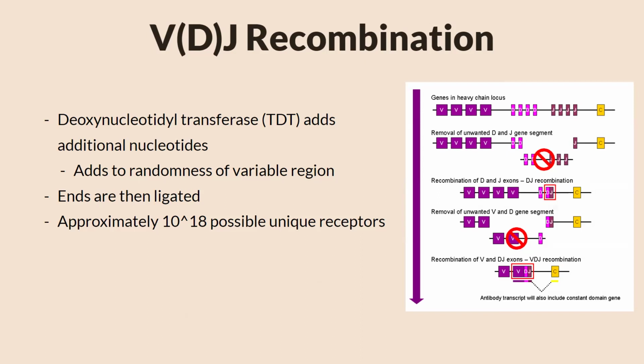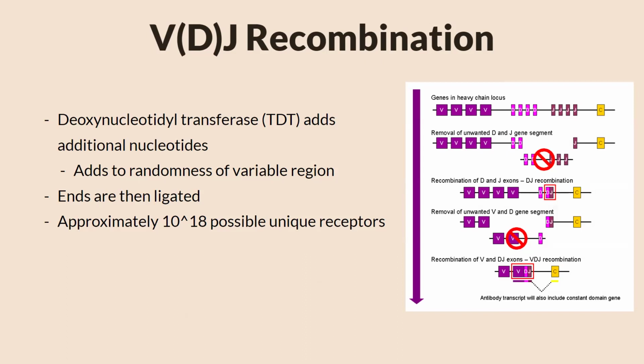I don't know what plays into it, but it freestyles. It's not bound to the laws of man. And it's great because then you produce antibodies not only with different sequences of nucleotides, but different numbers of nucleotides.